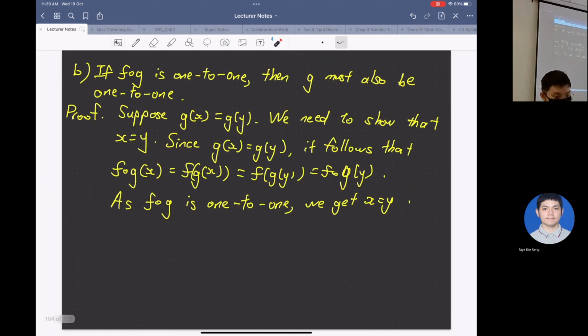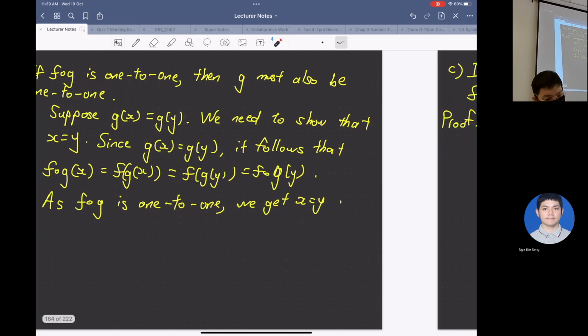Next, if the composite is one-to-one, then g must also be one-to-one. So you want to show that g is one-to-one; by definition, start with g(x) equal to g(y). Then you want to show that x equal to y. In this case, you can use the one-to-one of f composed g.